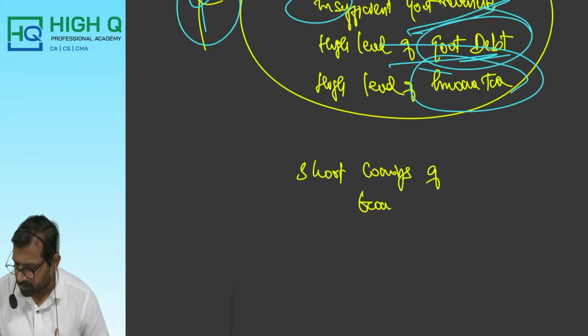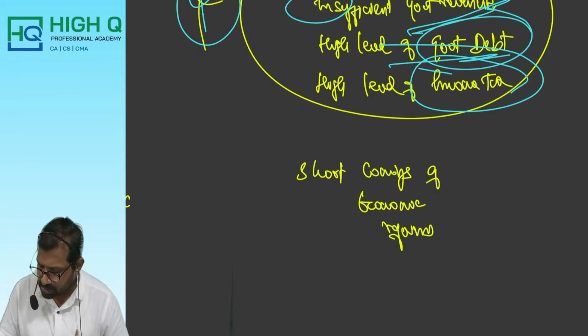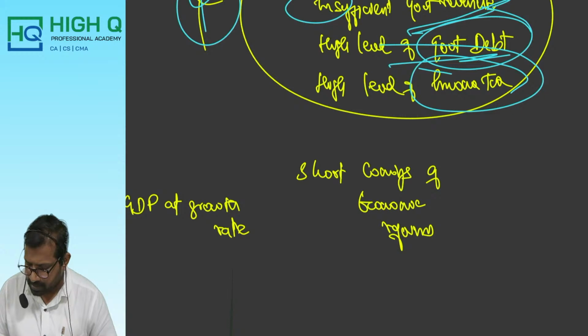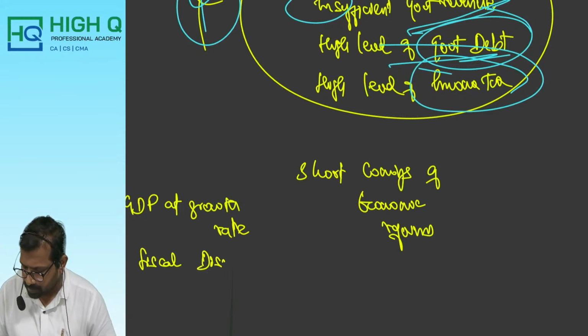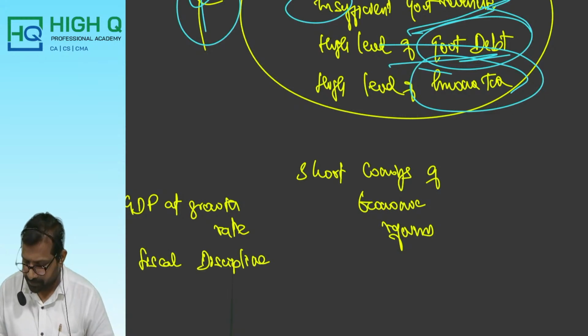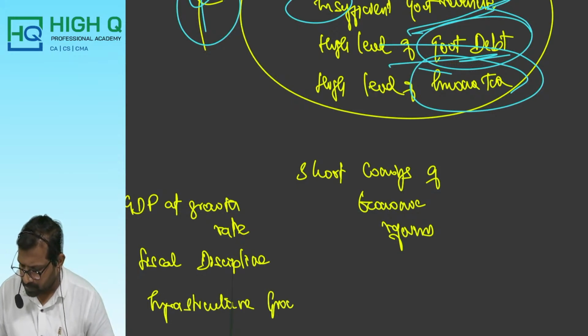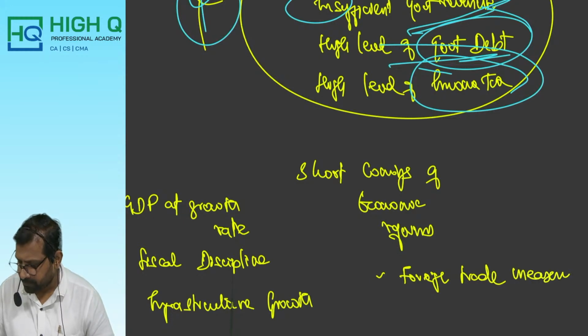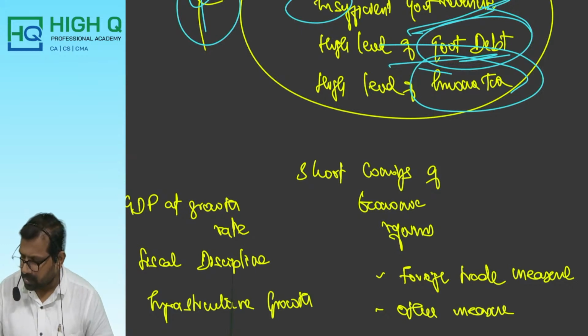okay, shortcomings of economic reforms. So what are the shortcomings? GDP growth rate, then fiscal discipline, 3rd one infrastructure growth, 4th one foreign trade measures, then other measures.